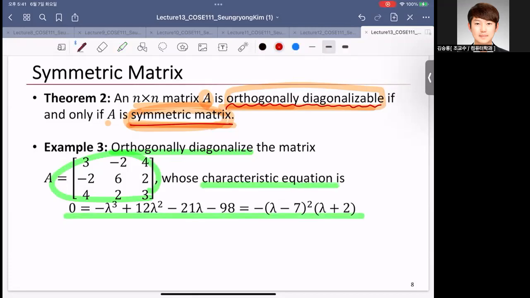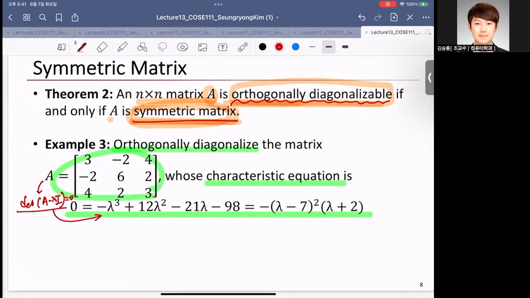Characteristic equation means determinant of A minus lambda I equals 0. So first of all, is matrix A symmetric or not? 자, matrix A가 symmetric 할까요, 안 할까요?